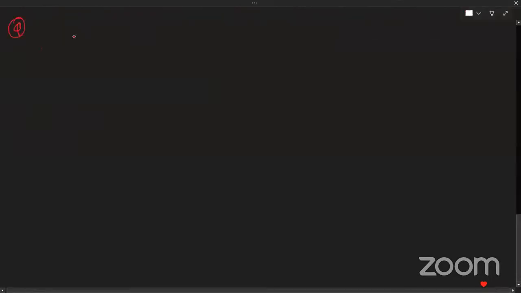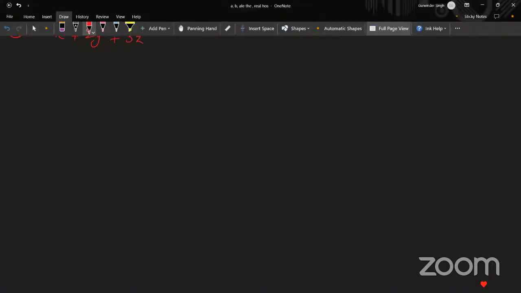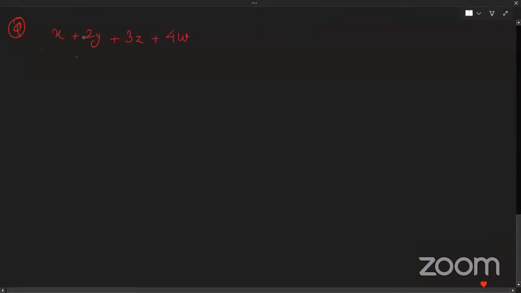So now let us increase our level. X, Y, Z are three positive numbers. So basically X plus 2Y plus 3Z, let me take one more number, W, is equal to, let me take some value, 20, fine.